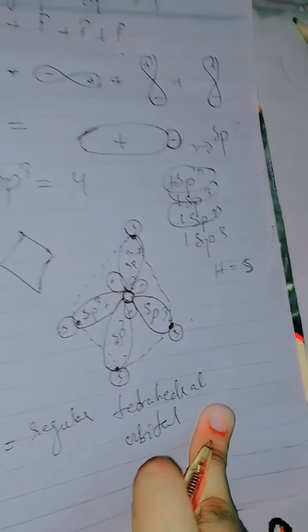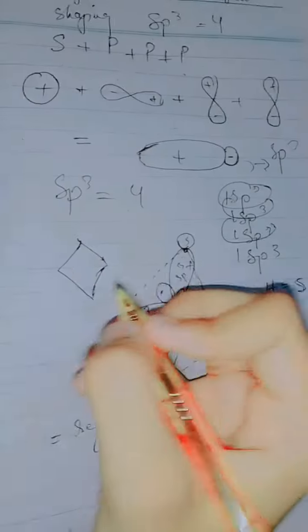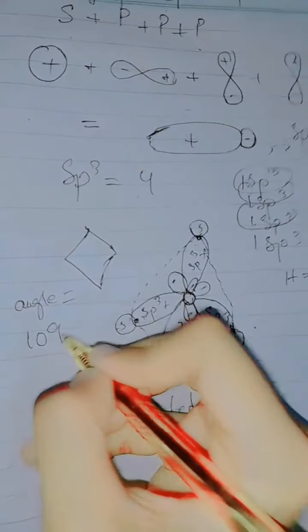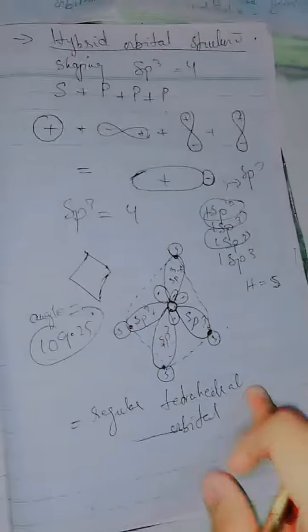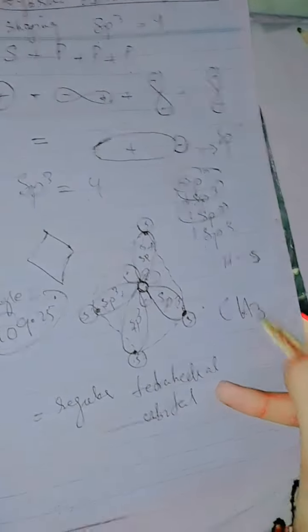Now this tetrahedral orbital has a constant angle, that is 109.25 degrees. That will be the angle of the tetrahedral shape. So that is the final geometry of CH4.